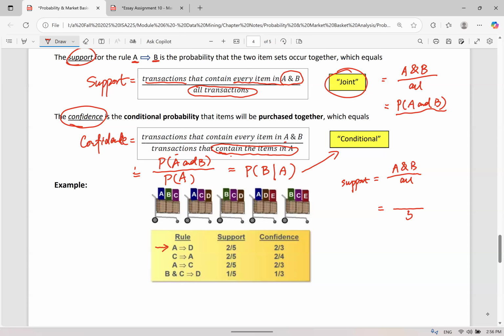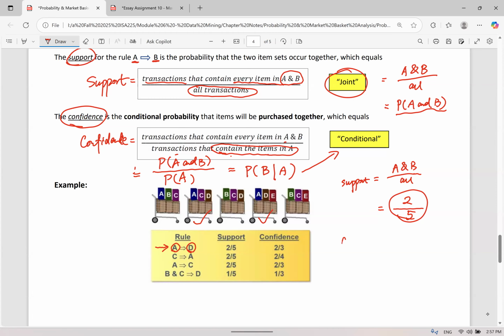It will be 5 transactions. And then the top will be how many transactions contain both A and D. Let's see, this one, A and D, this one. How many transactions? It would be 2. So the support is calculated as 2 over 5.